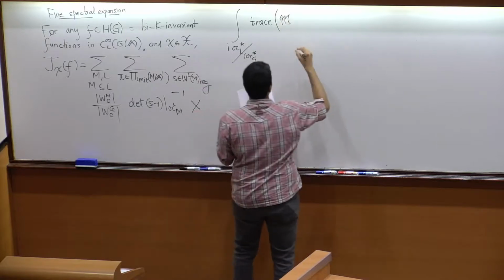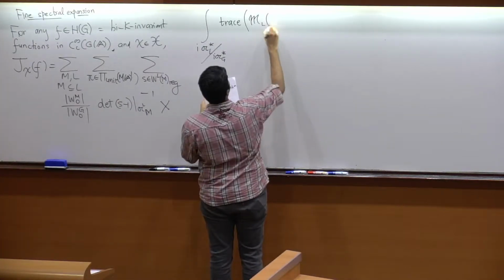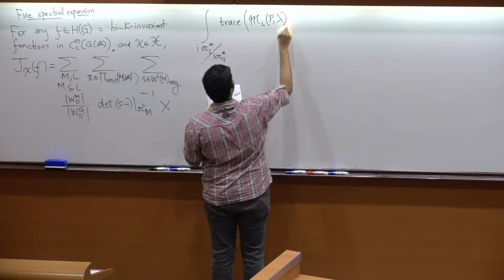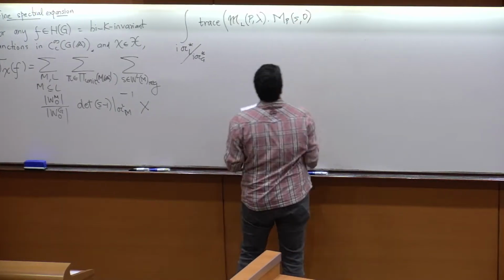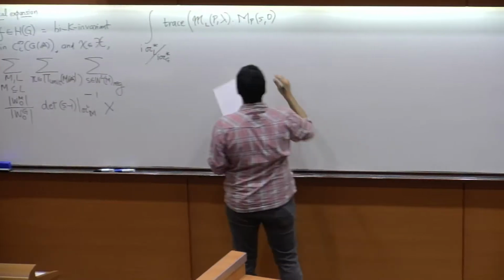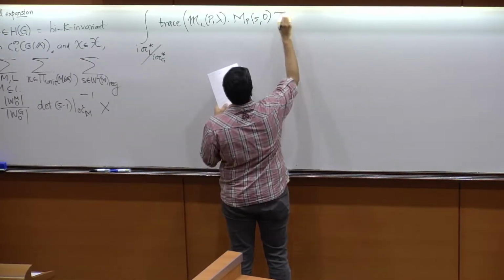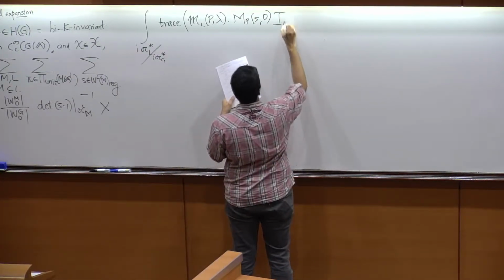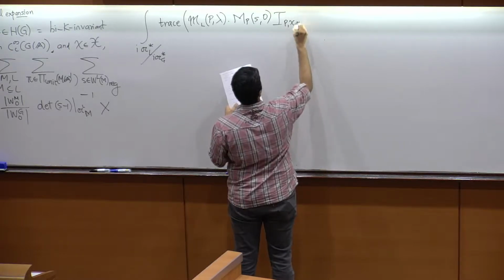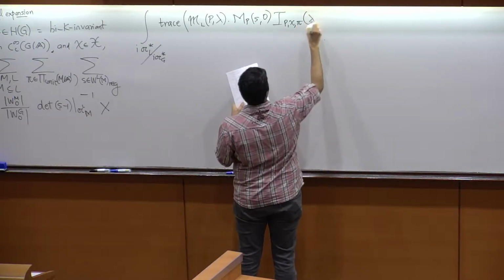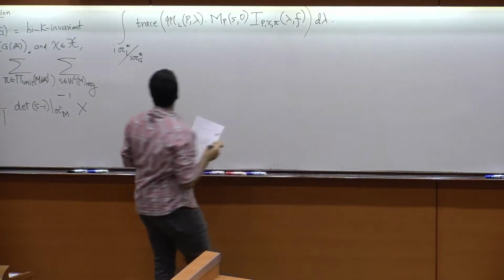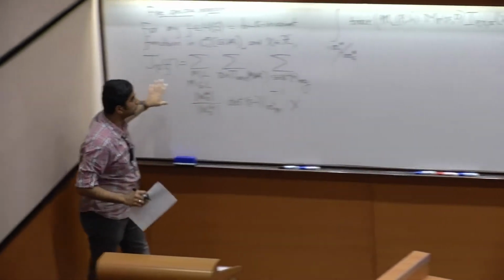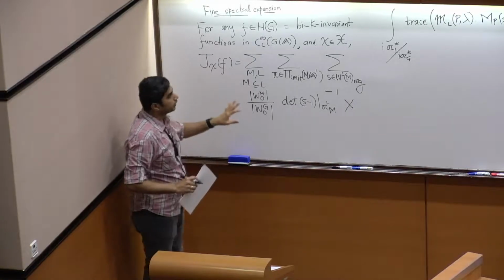So this is the smooth function for the intertwining operator. This is a unitary operator M P S 0, and finally you have the I P chi pi lambda F d lambda. So this is the expression for this J chi.